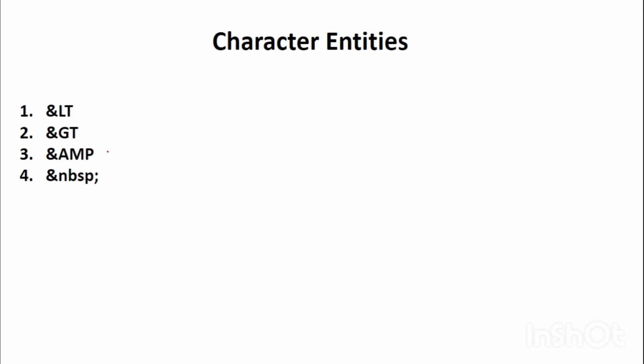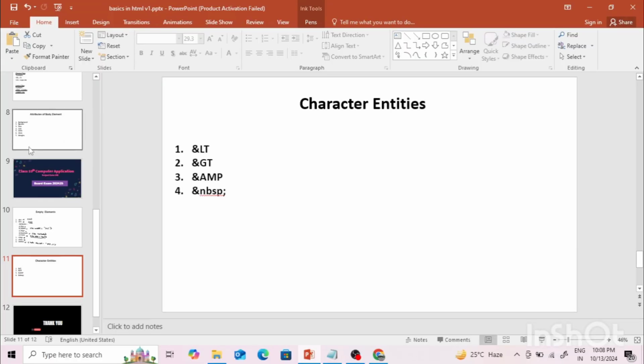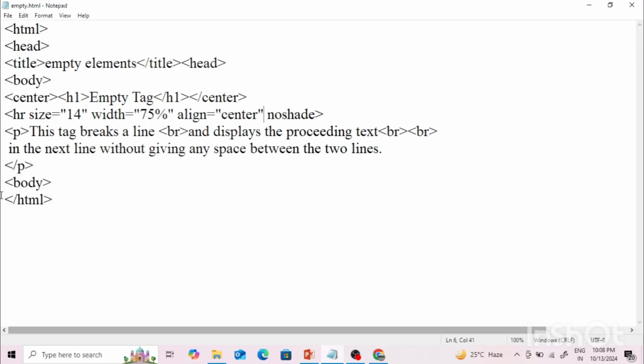Okay, so now let us see how to use all these character entities in a web page. For this, I'll use the same web page over here, and use ampersand LT, GT, ampersand, and NBSP.